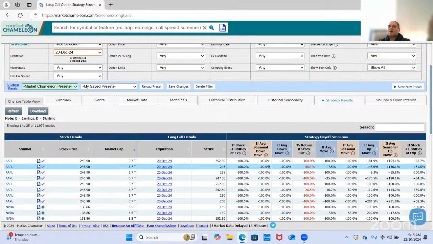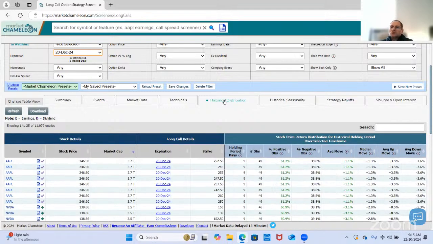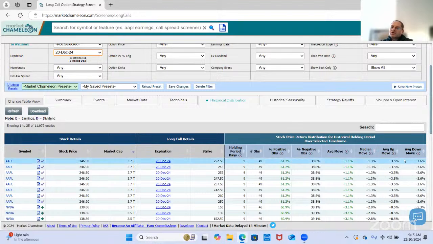Well, if it does go up, what does it usually go up by? And if it goes down, what does it usually go down by? If we just separated the positive and negative moves and looked at the historical distribution, when the stock does go up, on average, if we took the average of all the up moves, it's up 3.5%.